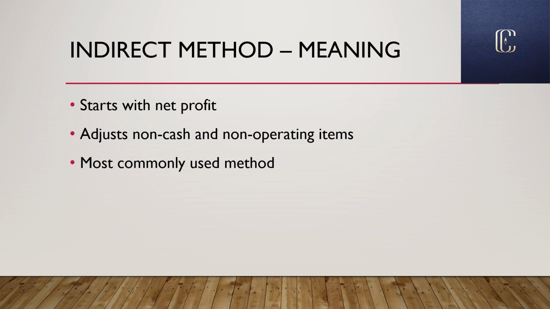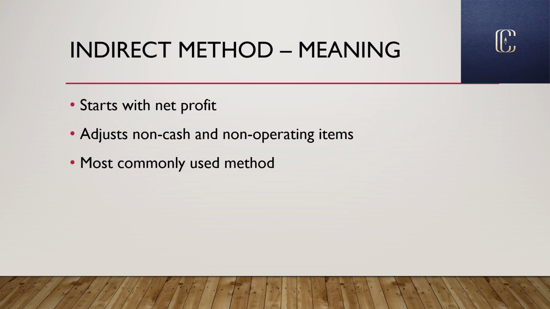Under this method, we do not start with cash received. We start with net profit as per the profit and loss account. Why? What is the reason? Because companies already prepare the profit and loss account.